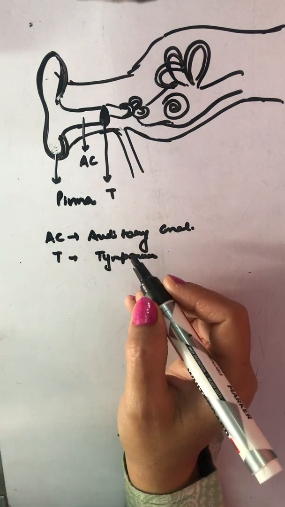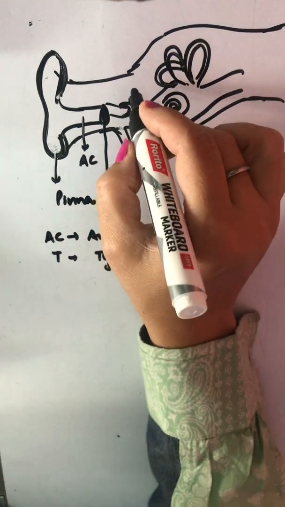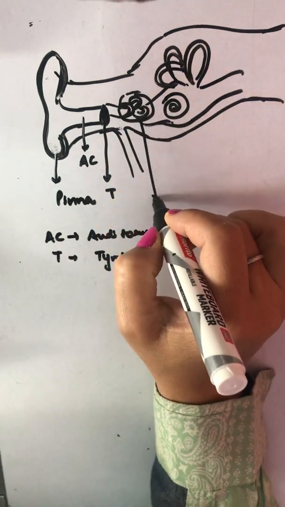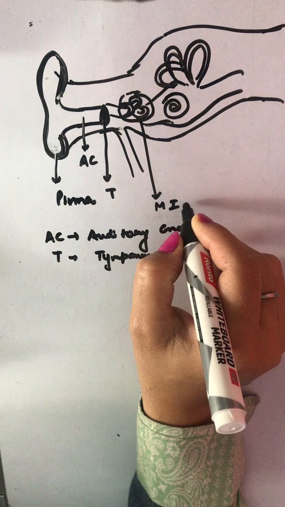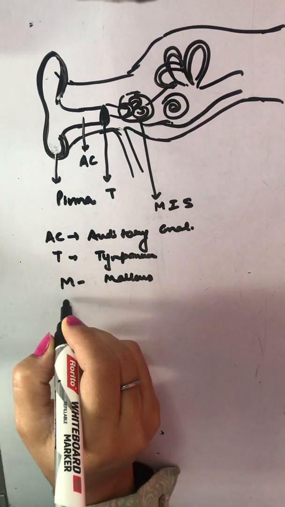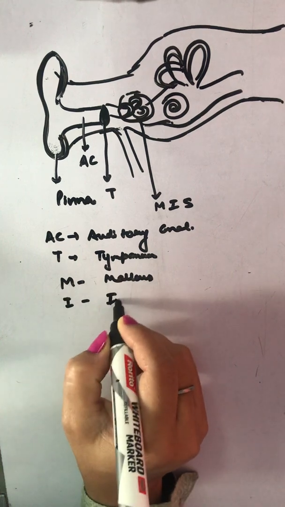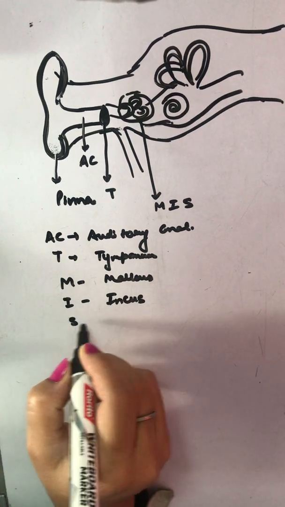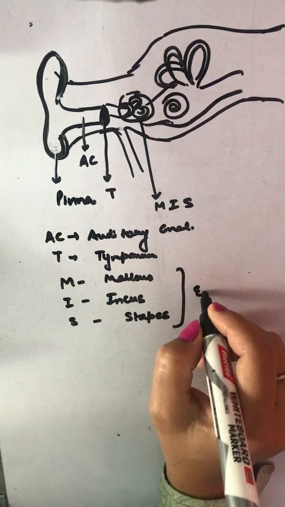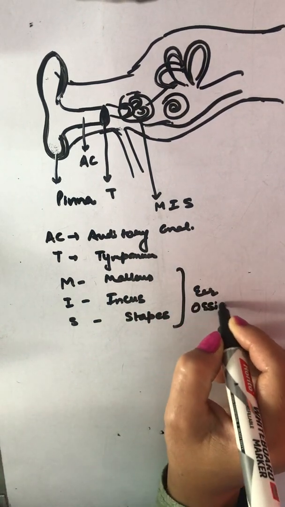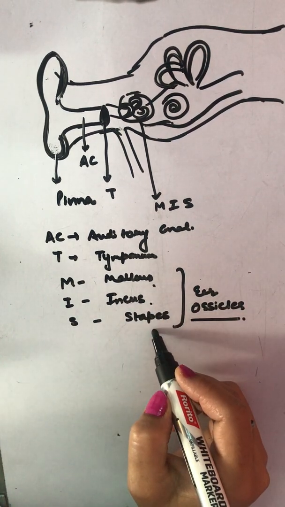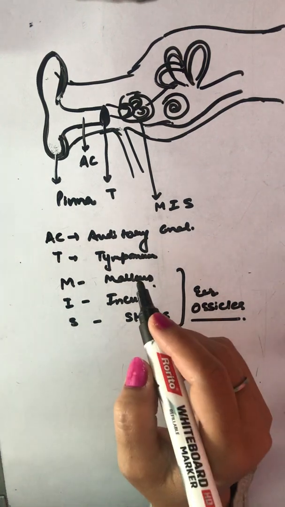Then there are three ear ossicles, malleus, incus and stapes, which are located all together here. We call them ear ossicles, the smallest bones. Hammer, anvil, stirrup are the other names given to them.